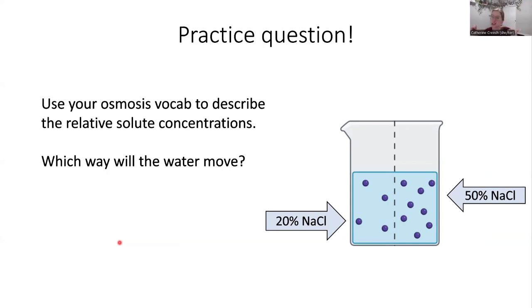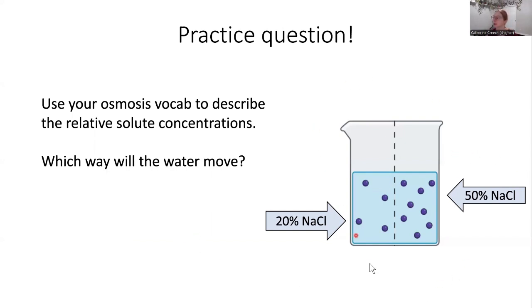If you're getting a shot, you're using a hypodermic needle. It goes below your dermis. So hyper above, hypo below. And if you have equal amounts of solute, then we use the prefix for equal, which is iso. So we have hypertonic, lots of solute, hypotonic, little solute, and isotonic, equal solute.